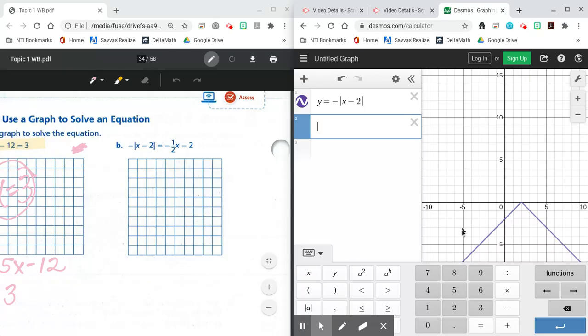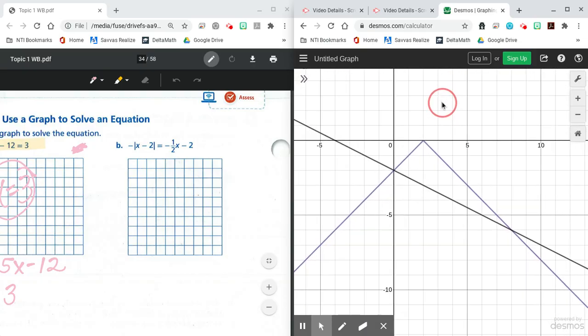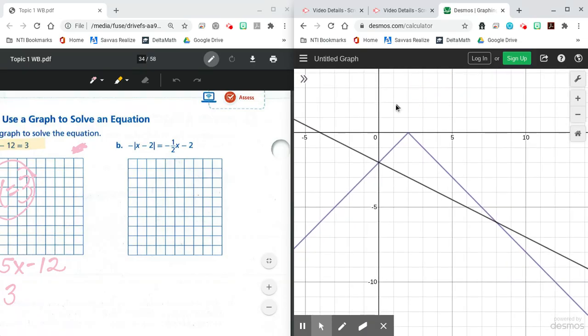Oh, look, it's absolute value. And then I'm going to graph y equals negative 1/2 x minus 2. And I look at the graph, and I can hide the equations line if I want to. Look at the graph, hide the equations line. Then I can really zero in on what the points are. So I'm going to click here.